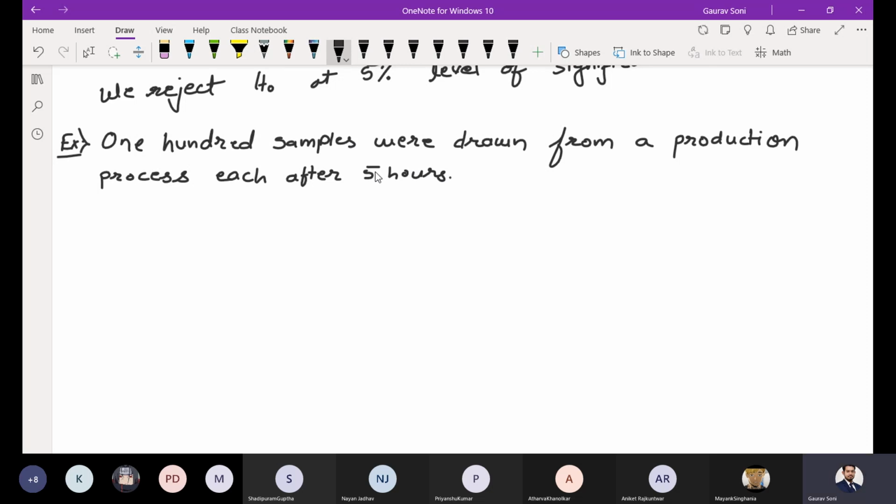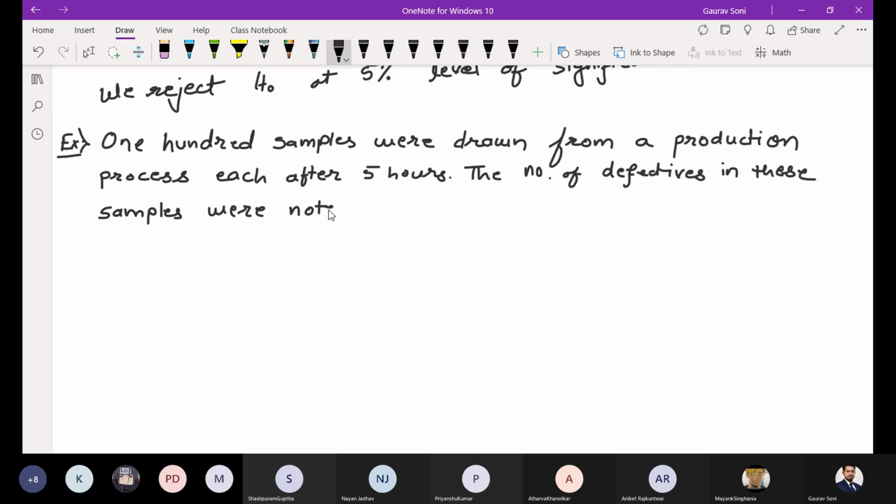The number of defectives in these samples were noted.